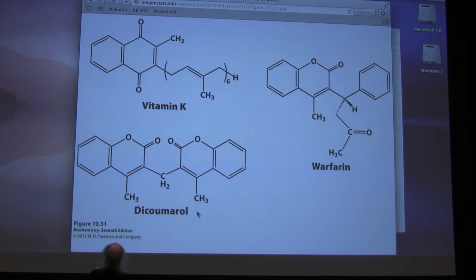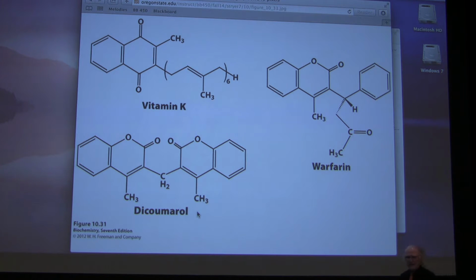There are competitive inhibitors that mimic vitamin K that will stop that carboxylation. Well, if you stop the carboxylation of prothrombin, you're going to have less prothrombin at the site of the wound. You're going to have less tendency to clot.